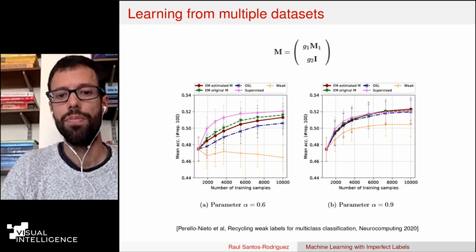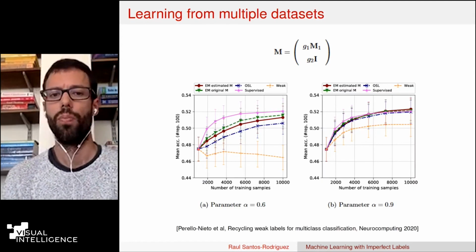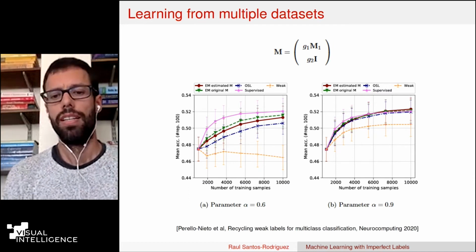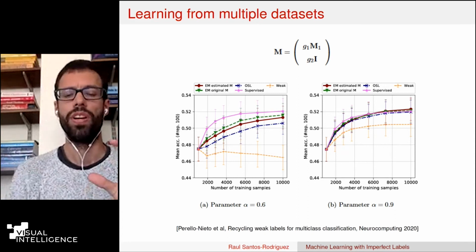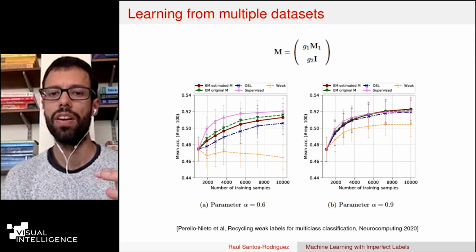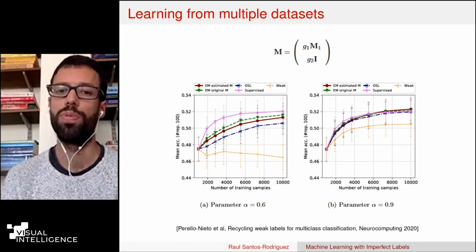But the good thing is that if I knew M, we can do really cool things. We can combine, for example, data sets for which we know that the quality of the labels is different. And we can learn from all of them at the same time and have warranties that will find the optimal classifier.